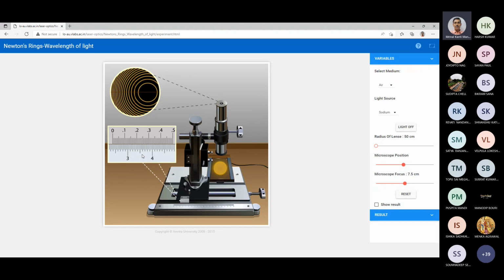So it is 0.5 millimeter, and there are 50 divisions, and here it will match with 49 divisions, right? So that you need to calculate. That is 0.5 divided by 50. Then what will happen?